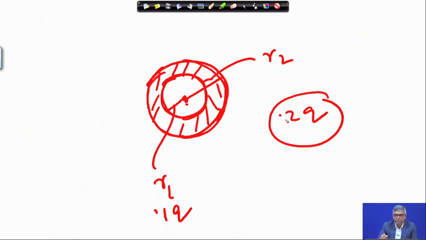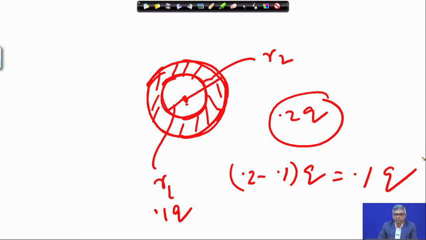It was 0.2 q for the whole area and 0.1 q for the inner area. So the difference, 0.2 minus 0.1 q, will be equal to 0.1 q. So the annular area between the two circles gives 0.1 q.